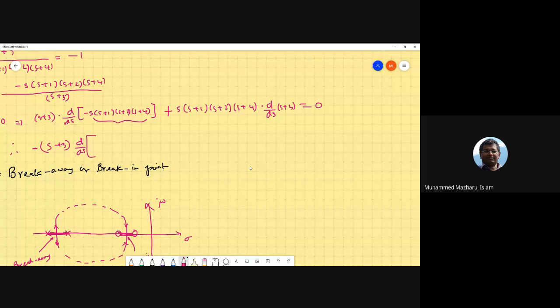You can do this in 2 steps: s plus 1, s plus 2 and 4, and then with s and s plus 1. Or you can do this in one step if you remember the formula, s plus a into s plus b into s plus c equals s cube plus s square into what?